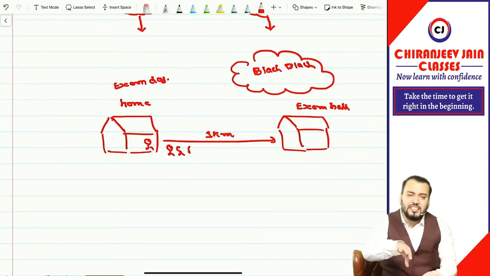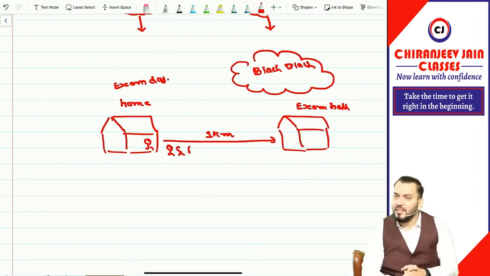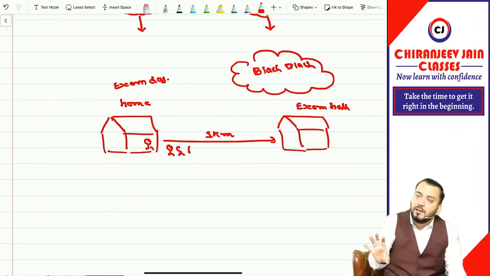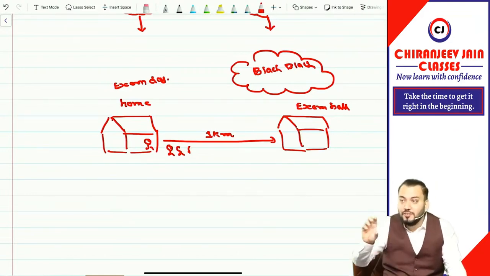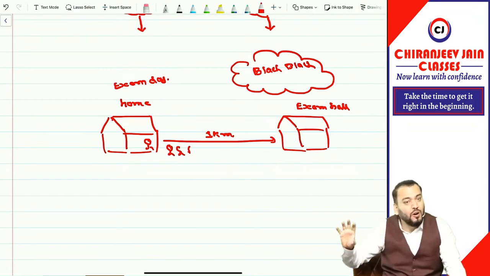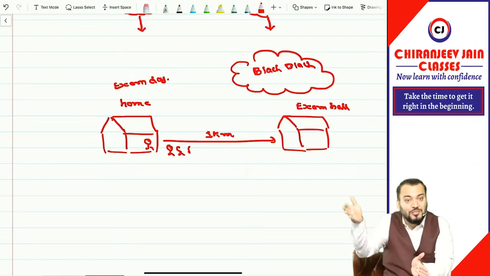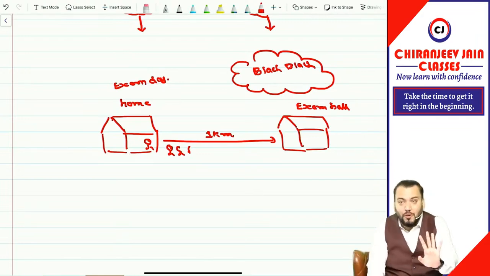If I change the circumstances in this particular example, same situation is there. There is a black cloud, but with the black cloud, high wind is also flowing. So it might happen the cloud is shifted from one place to another place, quite possible.